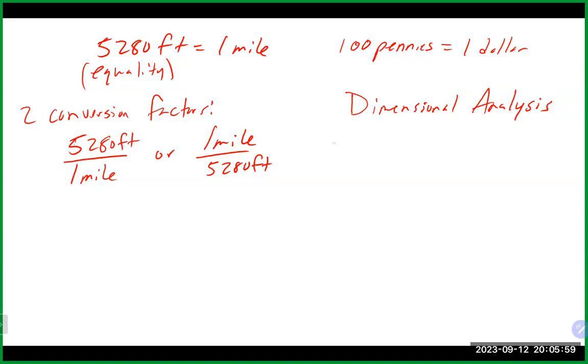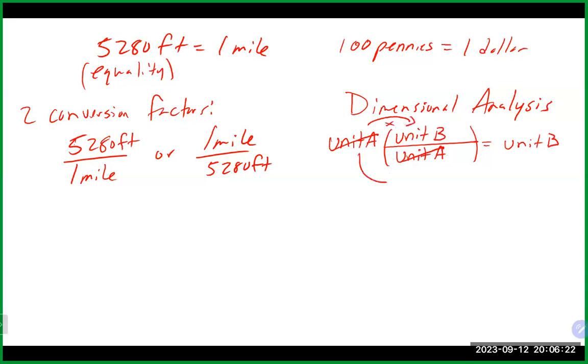So if you have a specific unit that you want to get rid of, you use a conversion factor and you put that unit in the opposite location so it will cancel, and you put the unit you want in the other location. So unit A and unit A will cancel, and that will give you unit B. What we're doing mathematically is multiplying whatever's on top and dividing by whatever's on the bottom. So when unit A is on top and unit A is on the bottom, it is the same thing as 2 divided by 2, that equals 1. So those units cancel out that way.